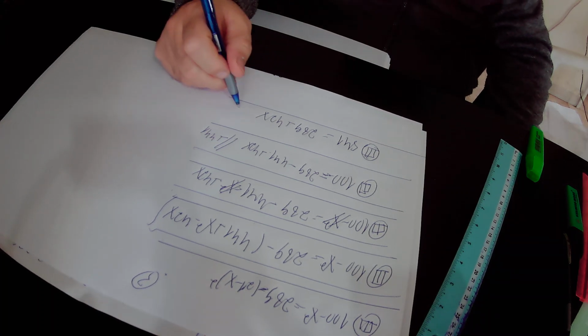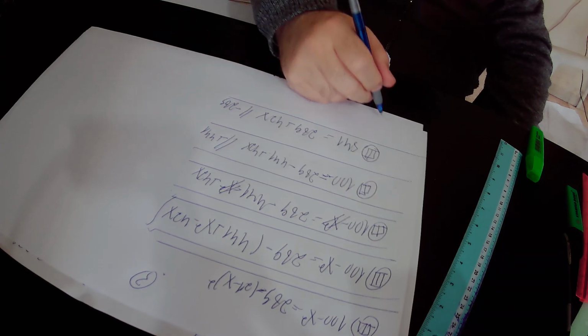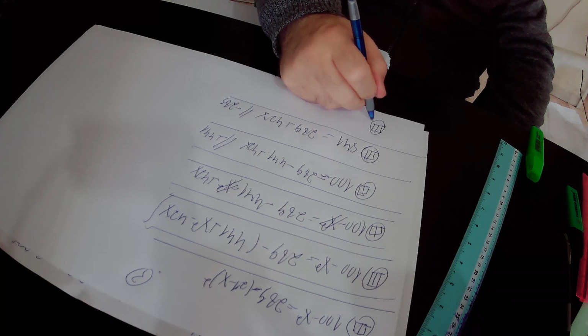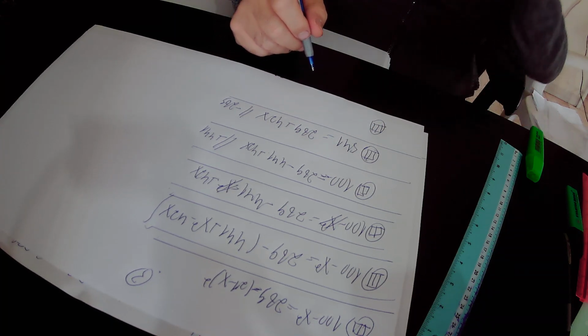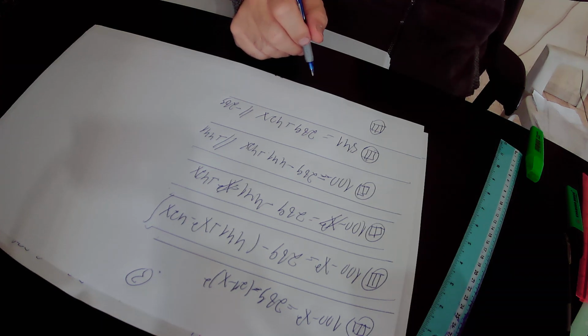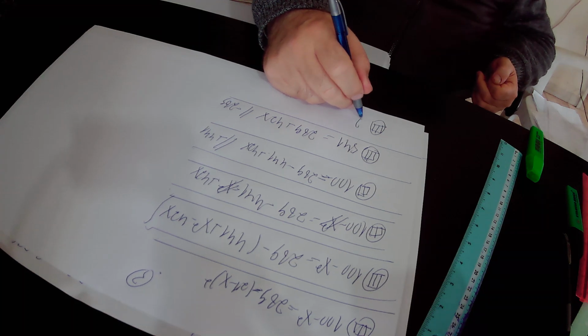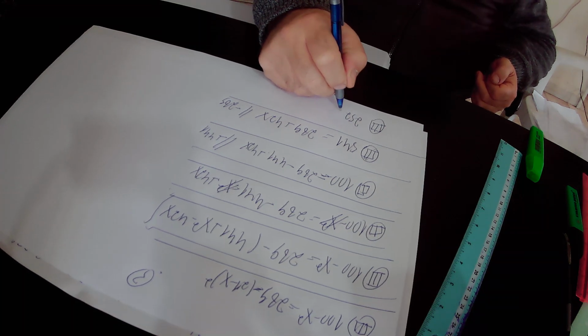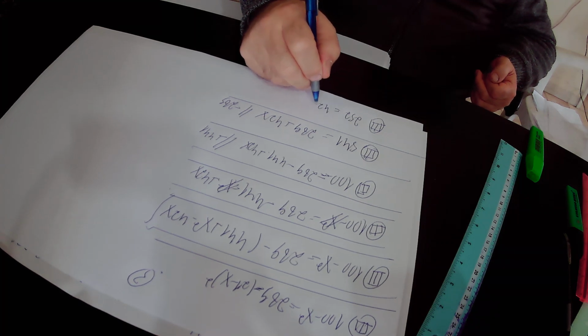Here we subtract 289 from this equation 3. So you get that 541 minus 289 equals 252. So 252 equals 42x.